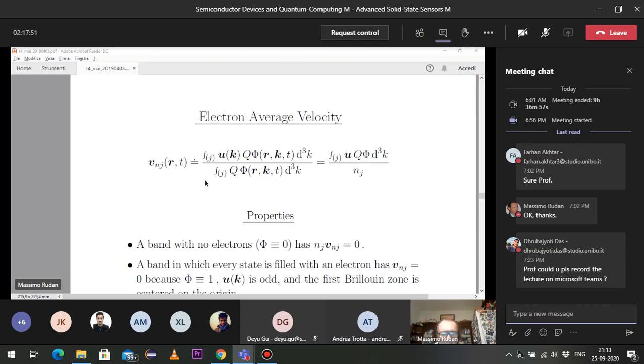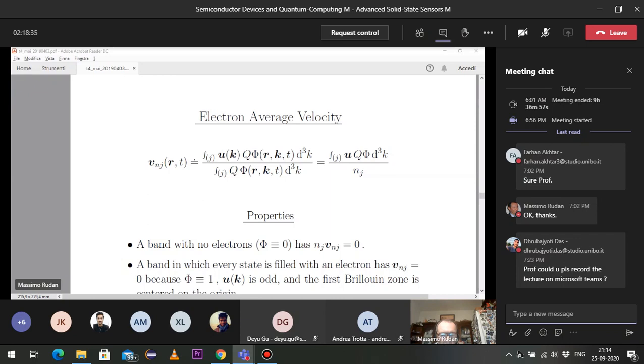Now look at the numerator, and assume that u of K is the velocity of the electron whose momentum or average momentum is proportional to K. In a parabolic band approximation, velocity and momentum are just proportional, like in classical mechanics. In classical mechanics, for a conservative force, P is equal to the mass times the velocity.